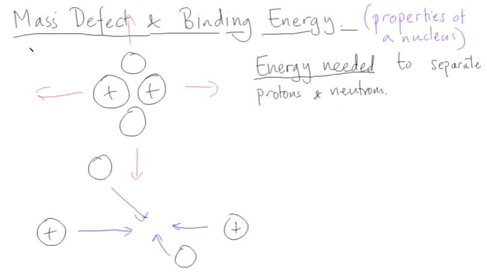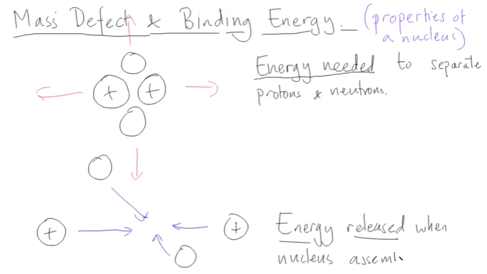To make a nucleus, we get energy, and this energy, from either of these two, the energy needed or the energy released, is given by energy is equivalent to the mass defect times the speed of light squared. This is the mass energy equivalence.